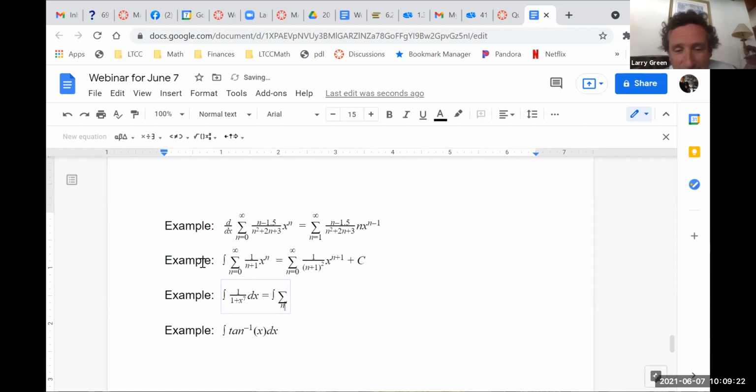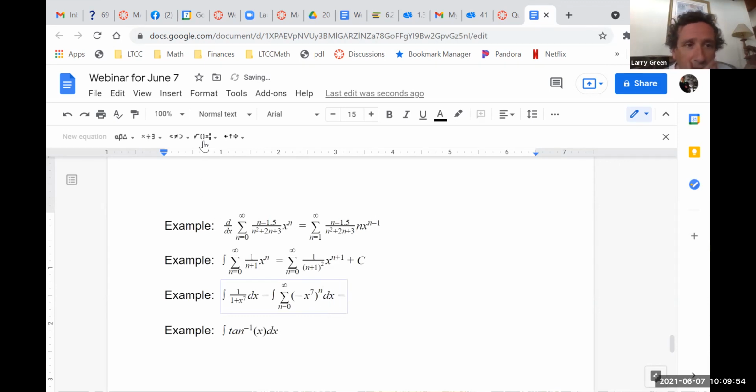Summation n equals 0 to infinity. And then we can rewrite that as 1 over 1 minus negative x to the 7th. So we get negative x to the 7th to the n, still dx.